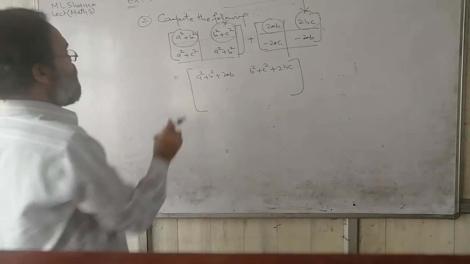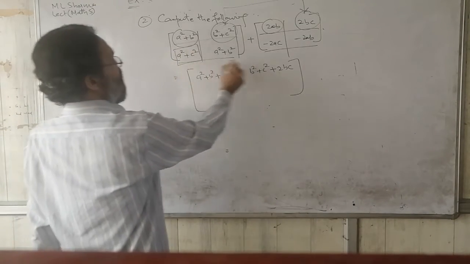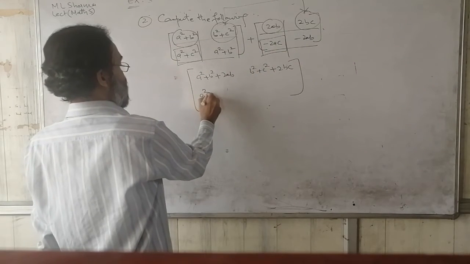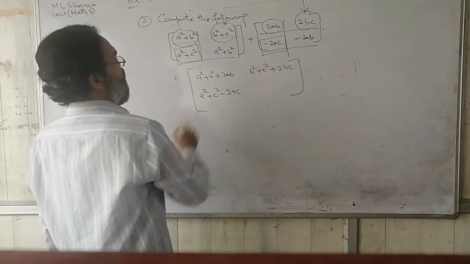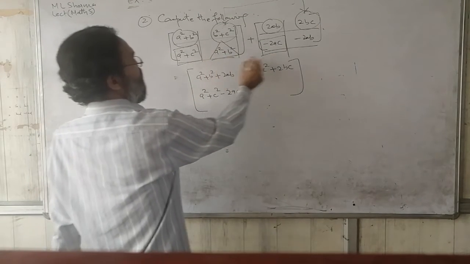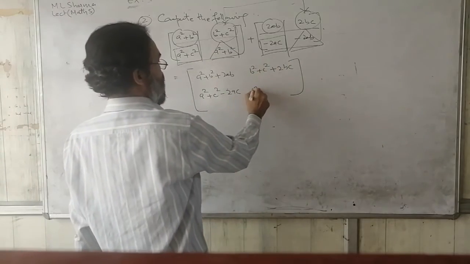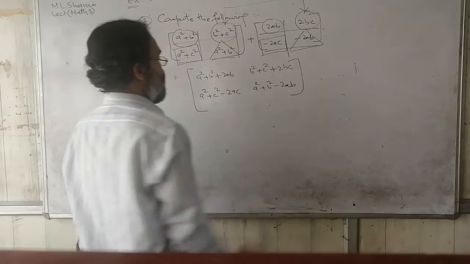So in row second, its corresponding element is this. So I can write a square c square minus 2ac, and this is the corresponding element. So I can write a square b square 2ab.